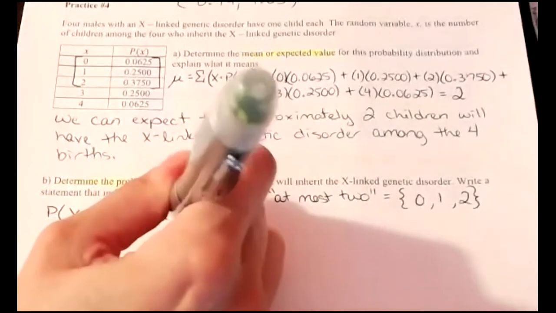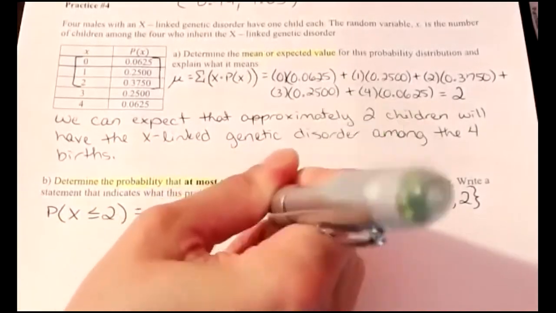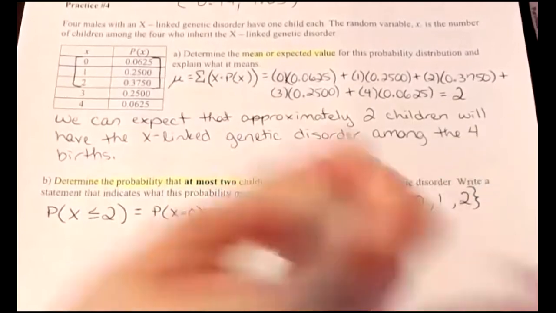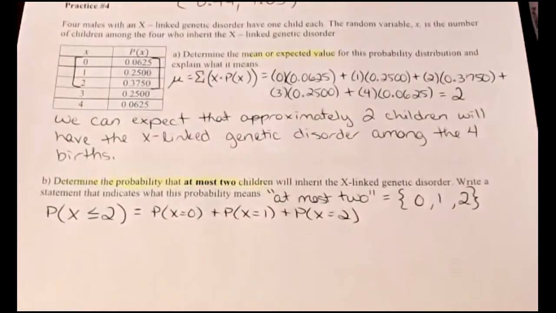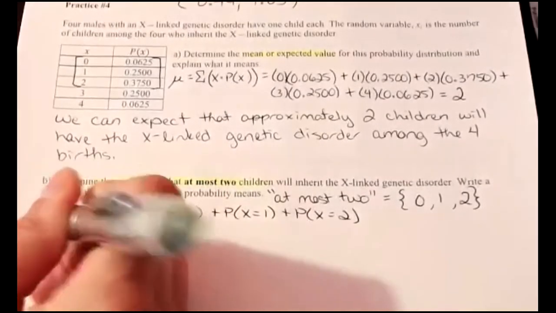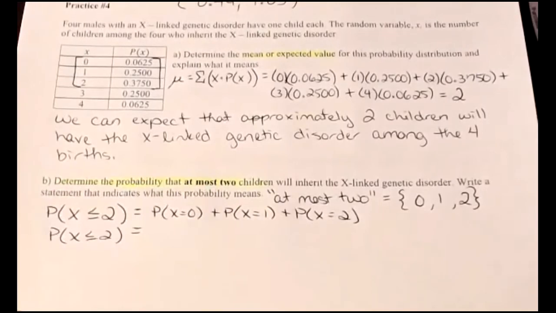So the probability when X is 0 plus the probability when X is 1 plus the probability when X is 2. So I wanted you to see what this equation would look like in general form before we actually plugged in the values. That way, when you go back to your notes, you know exactly what I did and how I got this.